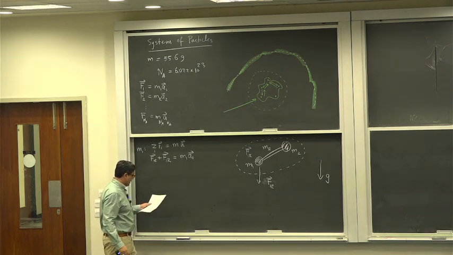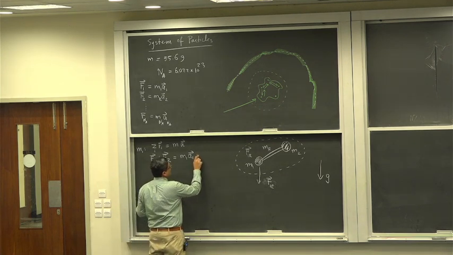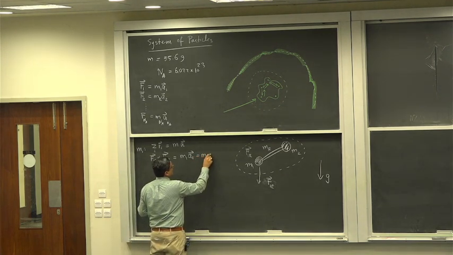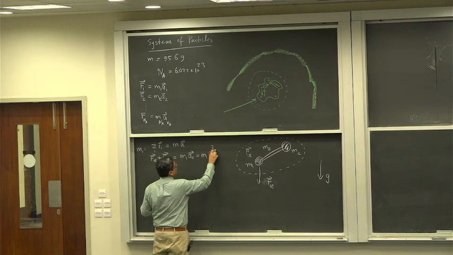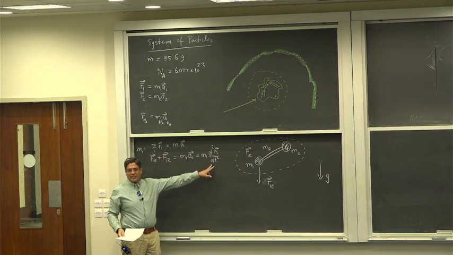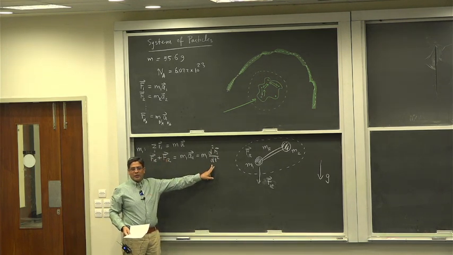And for later use, can I also write it like this? m1 d squared r1 over dt squared, right? That's just acceleration. Twice the time derivative of position vector is acceleration.